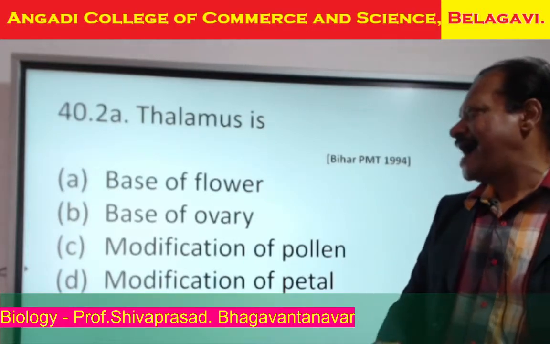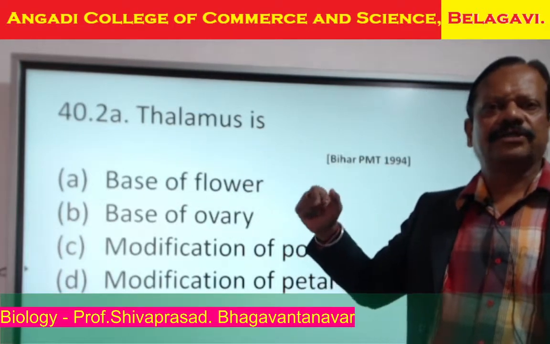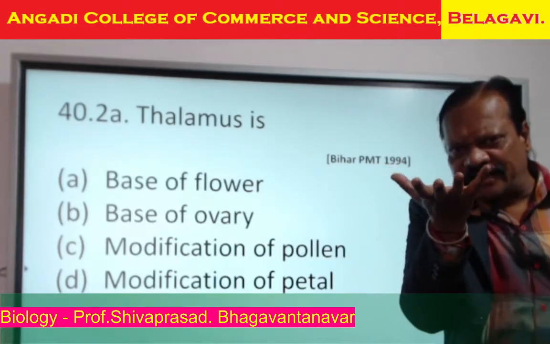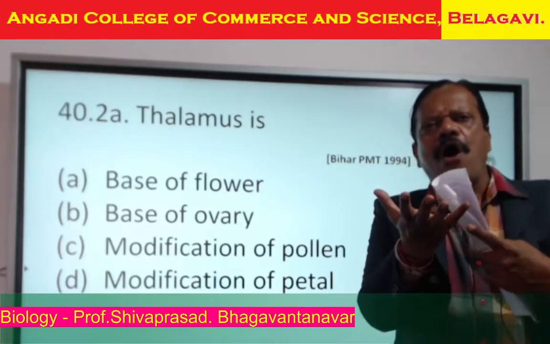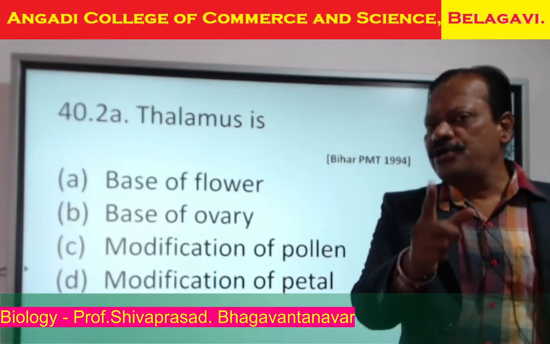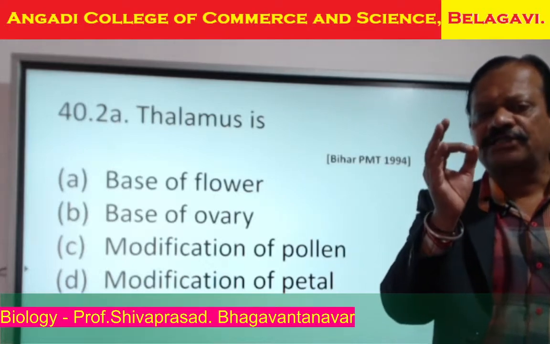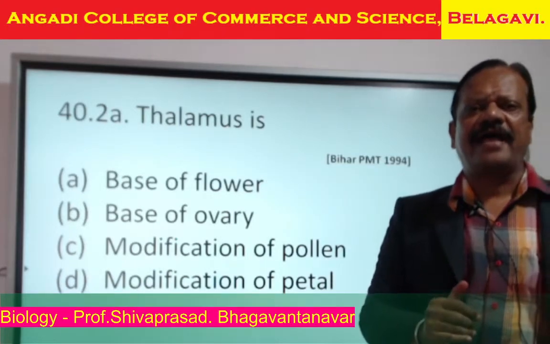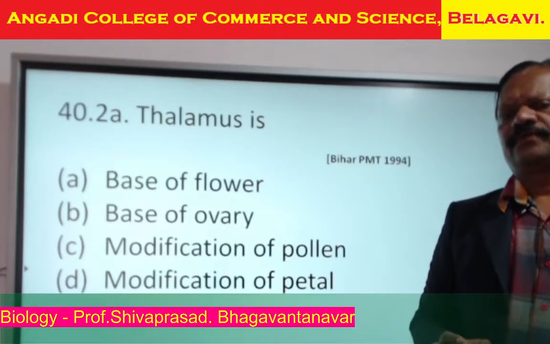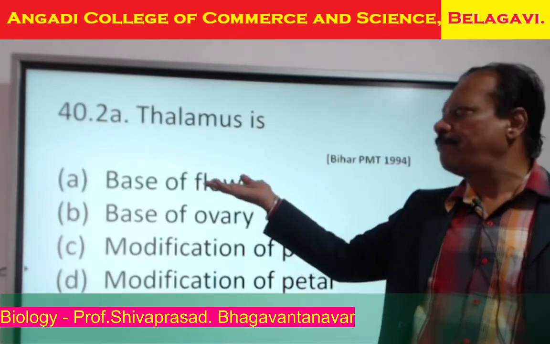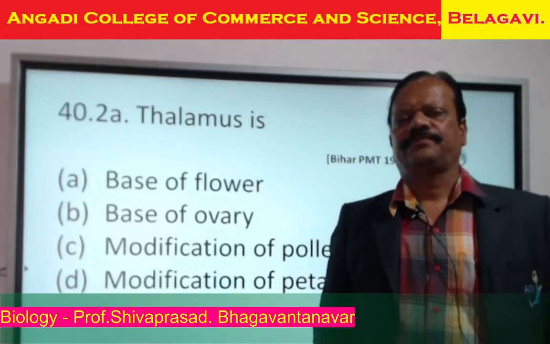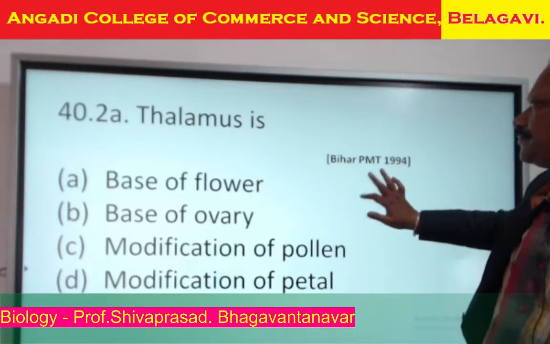So, we can say it as the base of the flower. So, base of the flower is the right answer here. Because whatever flat structure is there, above the flat structure, all floral parts are organized, including the ovary. I told you, the simple flower in the sense, it should have the whorls like sepals, petals, androecium and gynoecium. So, all those are organized on the base of the flower. So, as a result, you are calling it as thalamus. We'll move to the next question.